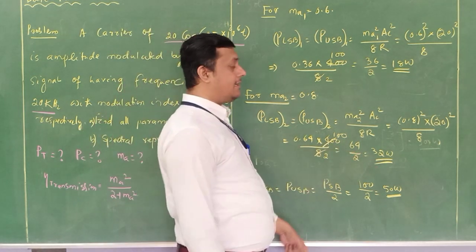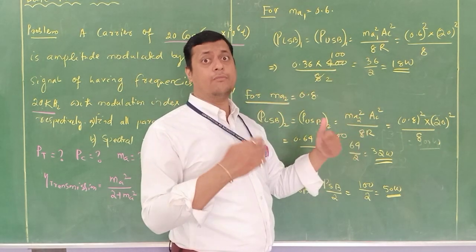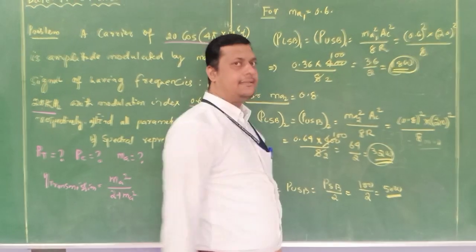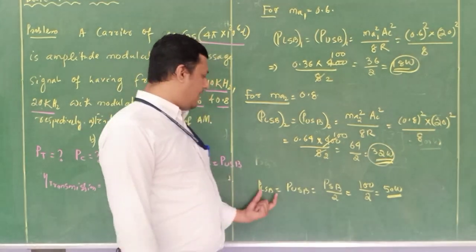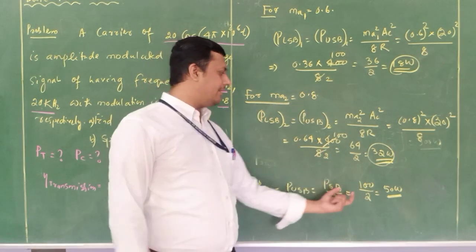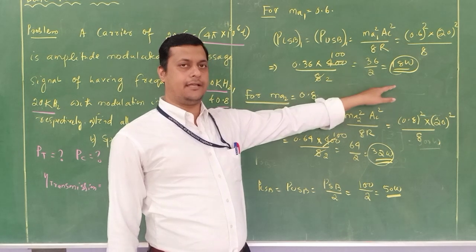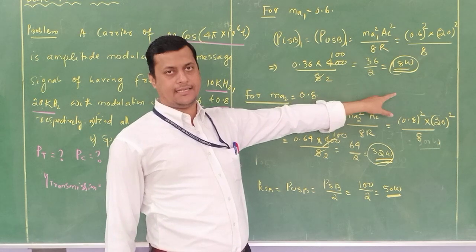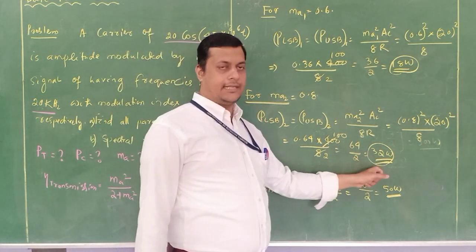Now you can check the total upper sideband and lower sideband. If I add 18 plus 32, I will get 50. Is it okay or not? Yes, it is okay. Power content in the LSB equals power content in the USB, which equals 50 watt. It satisfies. We get 18 for modulating signal 1 in the upper and lower sideband, and similarly for the second modulating signal we get 32.